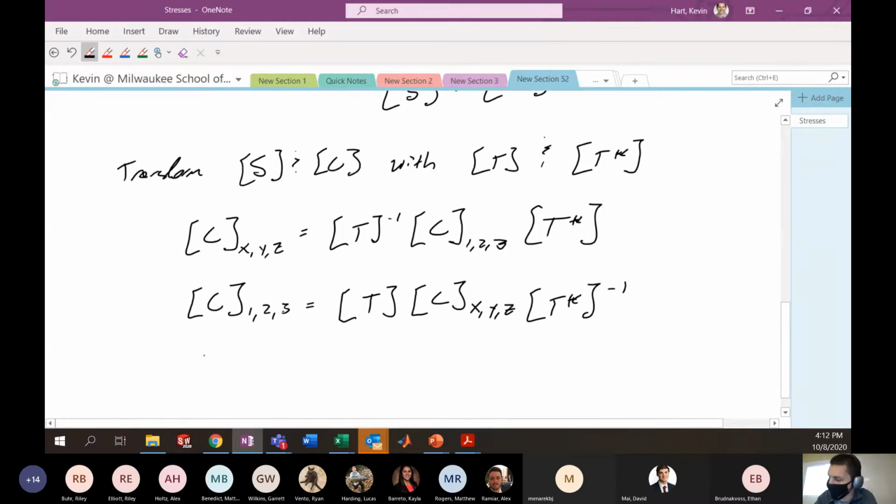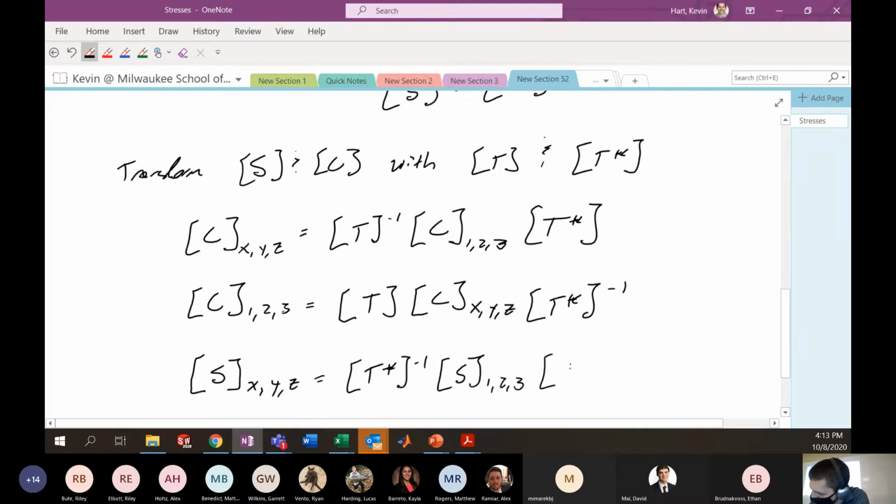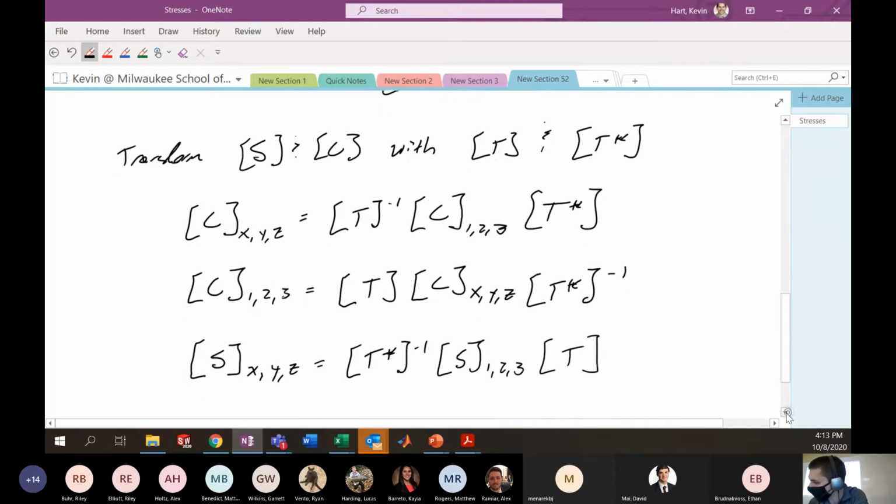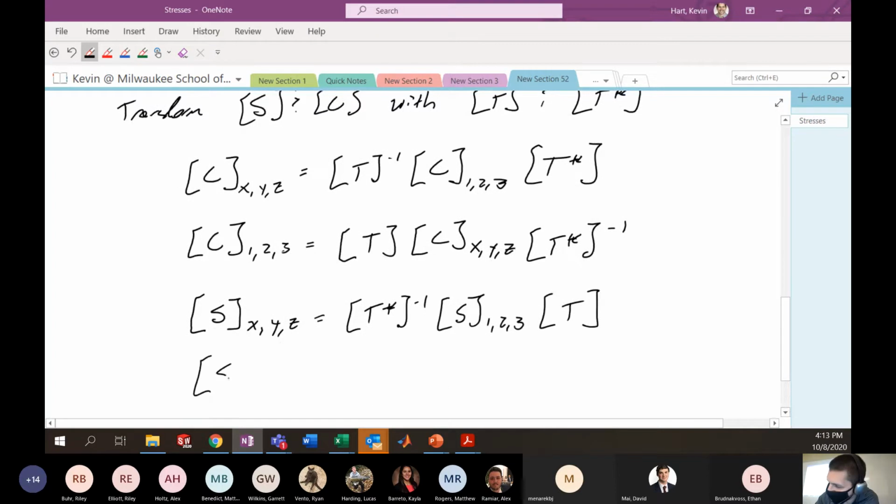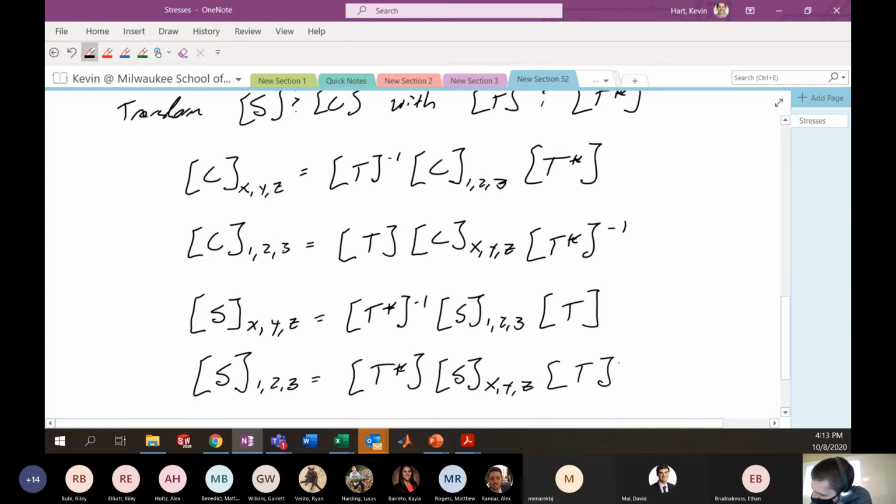I can go through the same sort of process for the compliance matrices. So if I want the compliance matrix in the X, Y, Z coordinate system, I can use T star inverse multiplied by the compliance matrix in 1, 2, 3, multiplied by my transformation matrix T. And finally, if I want the compliance matrix in 1, 2, 3, I can do T star times S X, Y, Z times T inverse.